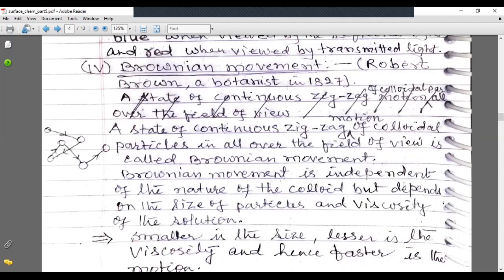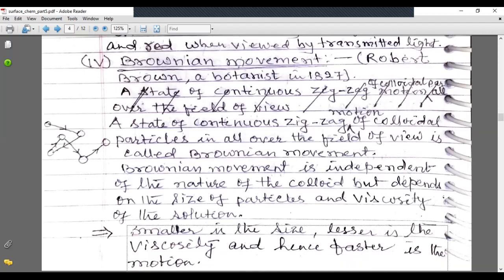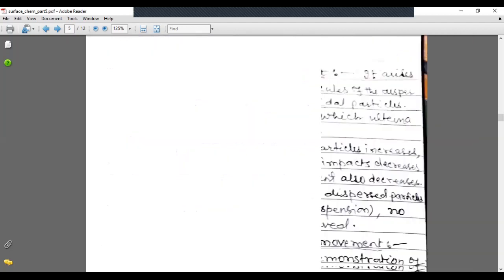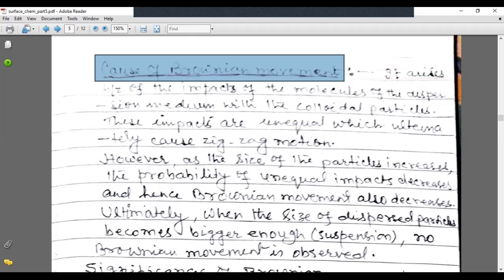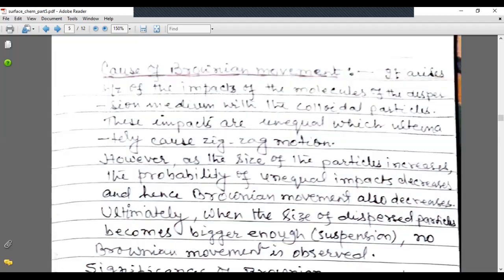Now let us try to understand the cause of Brownian movement. It arises because of the impact of molecules of the dispersion medium with the colloidal particles, where they keep on colliding continuously. These impacts are unequal, which ultimately cause zigzag motion.